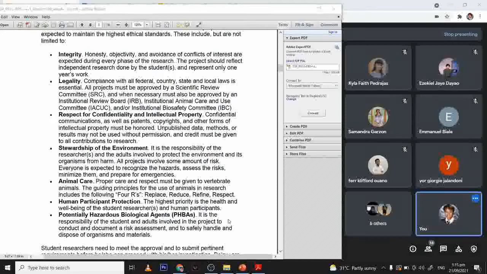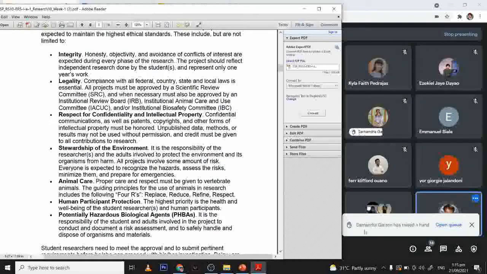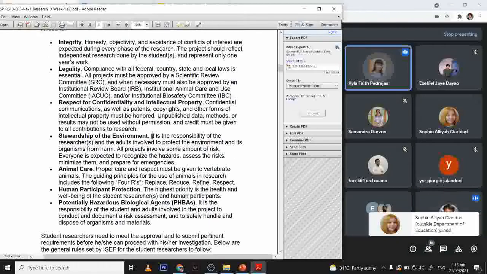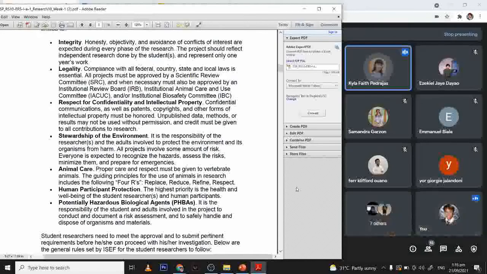So there should be no harm to the environment as much as possible because we need to protect it. No toxic fumes, no pollution. That's why disposal is part of the procedure. The proper disposal of your chemicals, waste, dead animals. You need to know how to bury them, to properly dispose of them. Next, animal care.